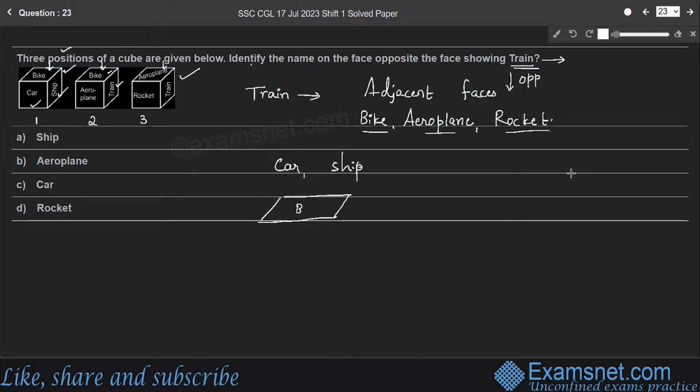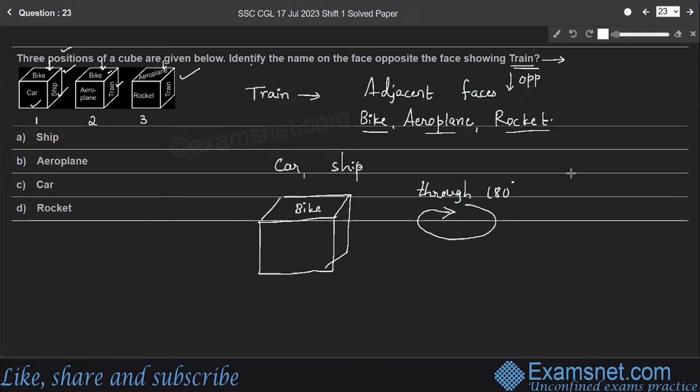Just imagine the three-dimensional view of the cube. Keeping the top face constant, rotate the cube in clockwise direction horizontally through 180 degrees.